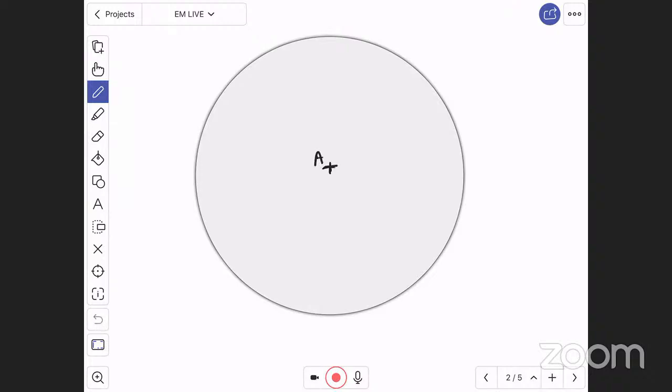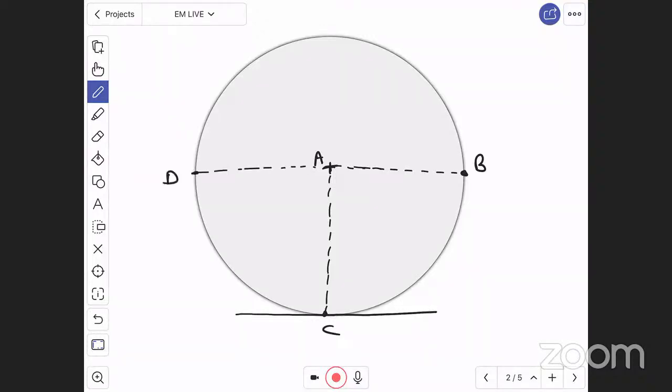Then point B is the right extreme point. The bottom point, the south extreme point, is point C, which is also the point of contact between wheel and ground. Then the left extreme point we have taken as point D. The top extreme point is point E.